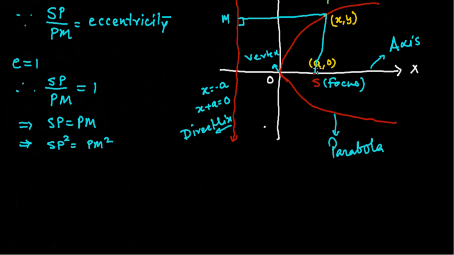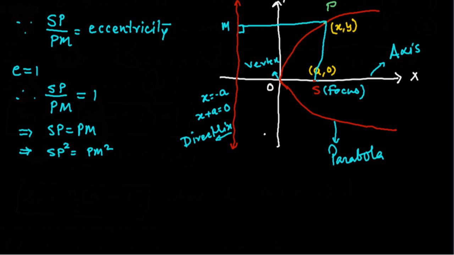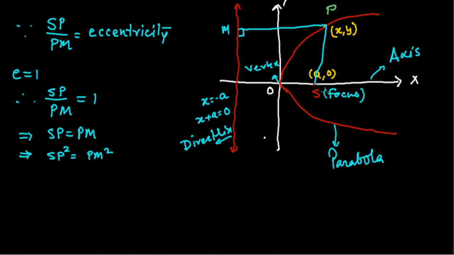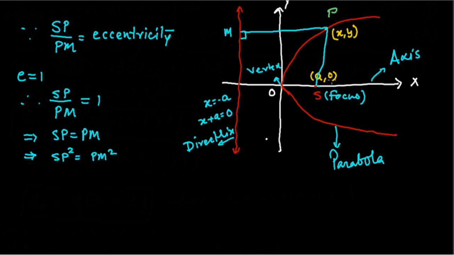Now by the distance formula we could easily find the distance SP. The coordinates of focus S is a, 0 and the coordinates of P is x, y. So SP square would be x minus a whole square plus y minus 0 whole square, is equal to PM square.